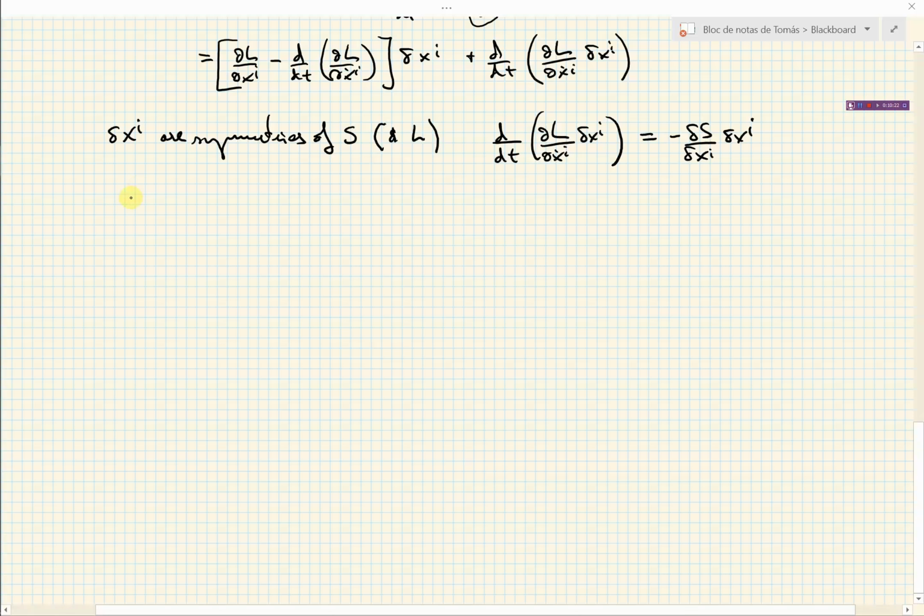These delta xi's, in general, are infinitesimal transformations. They depend on some infinitesimal parameters. For instance, we can consider translations of the xi's. Translations of the xi's are shifts by a constant, so it's xi plus some constant. The infinitesimal version of this is xi plus an infinitesimal constant, and delta xi could be just this infinitesimal constant. Let me call them alpha i's.